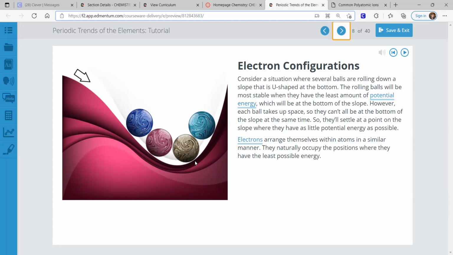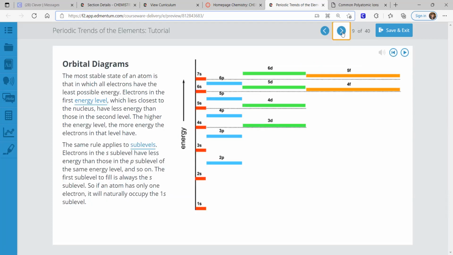Electrons arrange themselves in a similar way. Electrons want to be in a place with the least amount of potential energy, and that way they are stable. They naturally occupy the positions where they have the least potential energy.